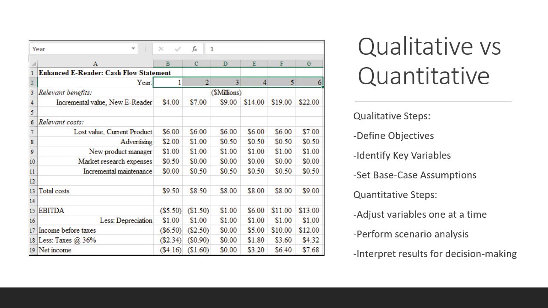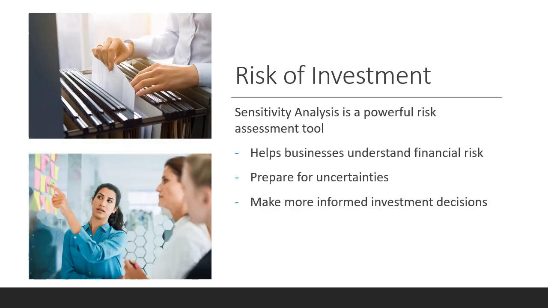As you can see, the Excel sheet, the cash flow statements, benefit and cost summarizes the relevant business case inputs to help make the quantitative decisions of scenarios. The risk of investments. Sensitivity analysis is a powerful risk assessment tool.